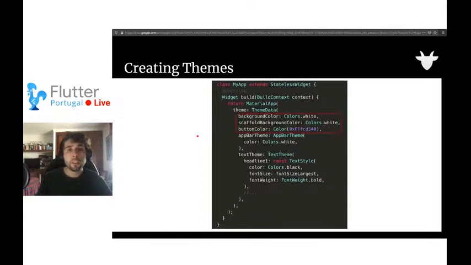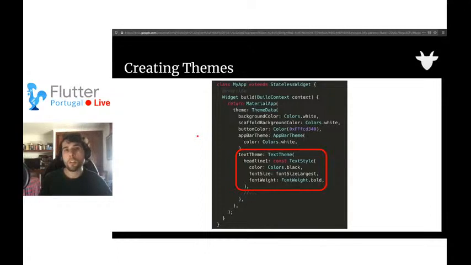As we can see here, in the case of our app, we can define the colors. We can define the theme for the app bar. In this case, we are just going to say that the background color is going to be white. And then we have to specify a text theme in which we are going to state each text style that we are going to use. This will make it easier in the future if we want to change our background color from white to red, or if we want to change our button colors from yellow to blue.